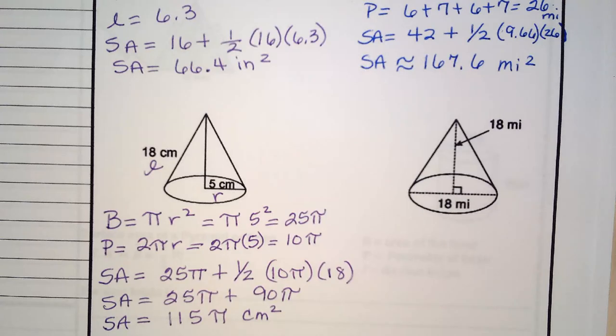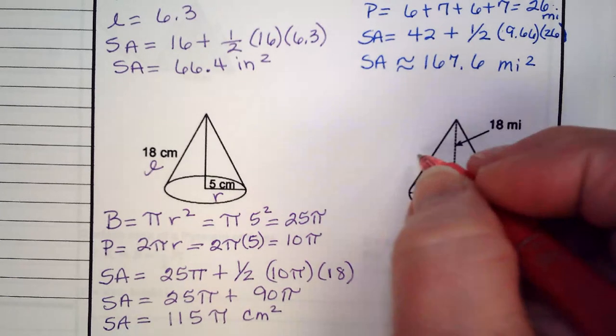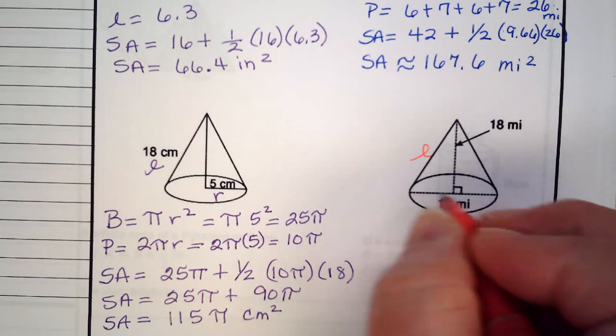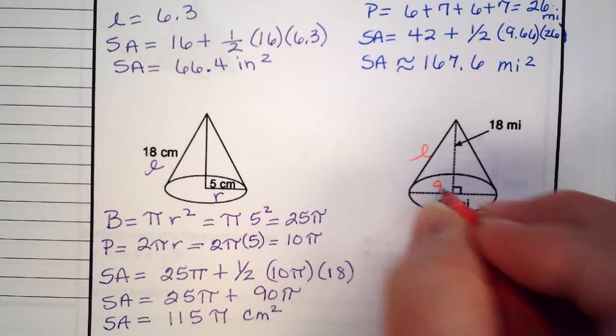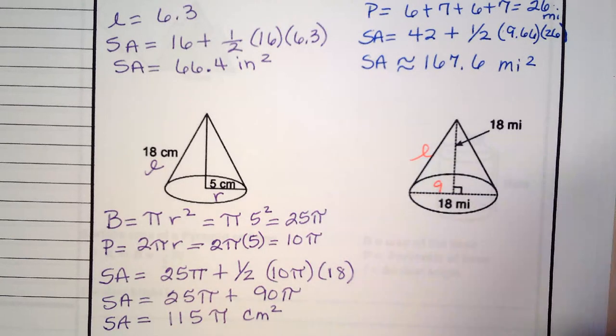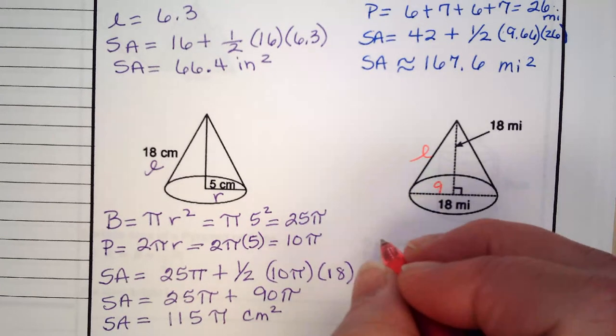Okay, for the next one, we do not have our slant height. But we do know that we can use the Pythagorean theorem. If this whole thing is 18, my radius is 9. I've got 2 legs of my right triangle. I'm looking for the hypotenuse.